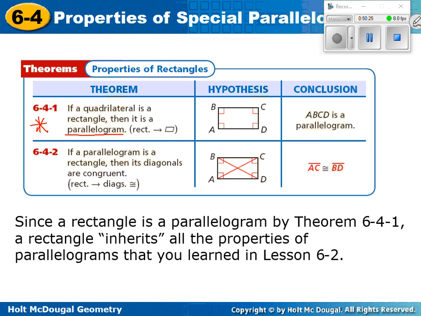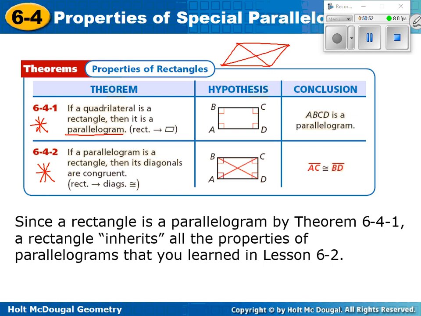It's got the definition that it has 4 right angles, and then the rectangle has 1 more property, and that's it. Not only does it have diagonals that bisect each other, but if you look at the rectangle, would you agree that those diagonals should be the same length? In a parallelogram, since it's slanted, does it make sense that this diagonal is longer than this diagonal?